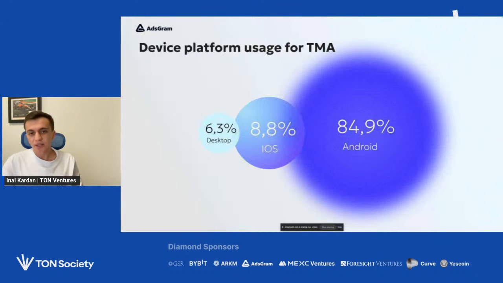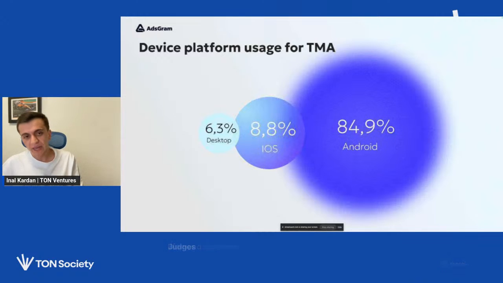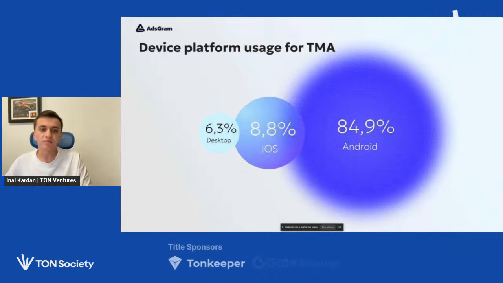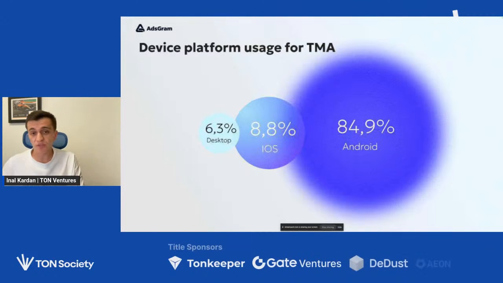But again, Android is always about 80%, iOS not more than 15%. So these are the two main platforms that you definitely have to target. Desktop is usually quite small, both desktop applications and desktop through web, because Telegram has a browser app as well, which you can just launch. I mean, open web.telegram.org, and you will be able to use Telegram there. But obviously, not many users do that.